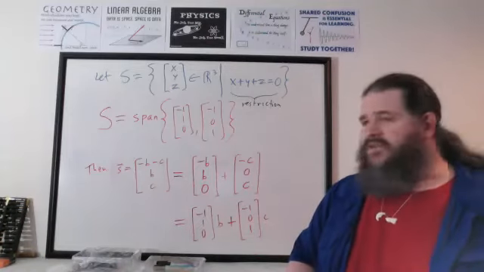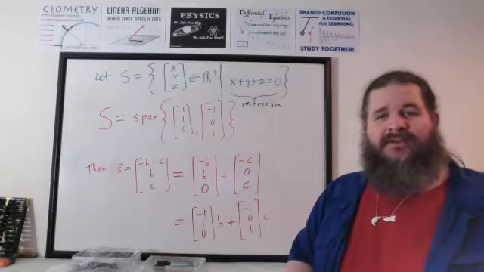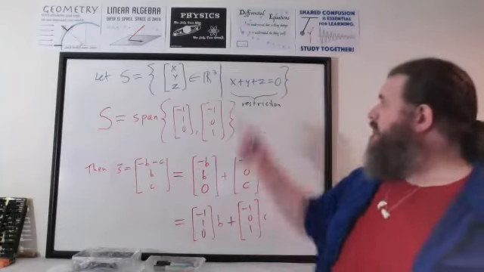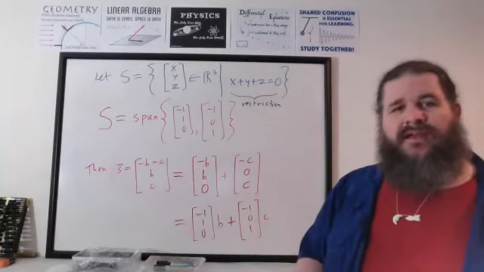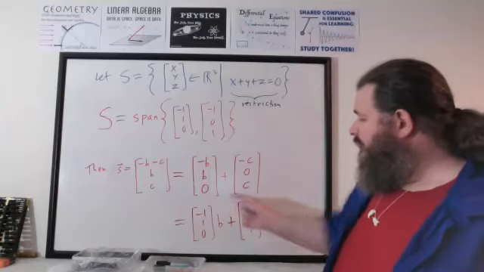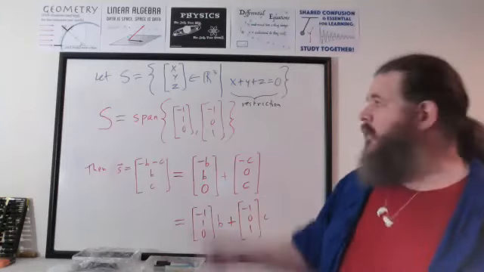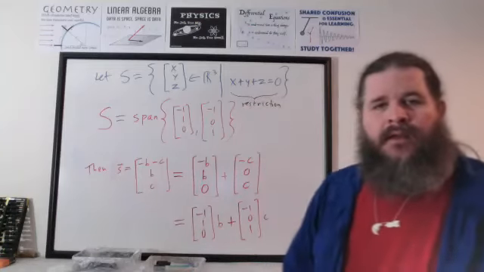So you can now use this as a recipe for building any vectors in set S you want. If you just want to find like 10 vectors that have this property, just choose 10 pairs of values for B and C, and this formula will give you 10 new vectors that are all members of set S, that all have this property.